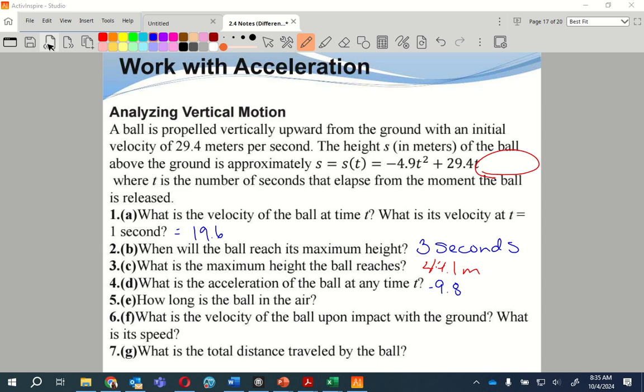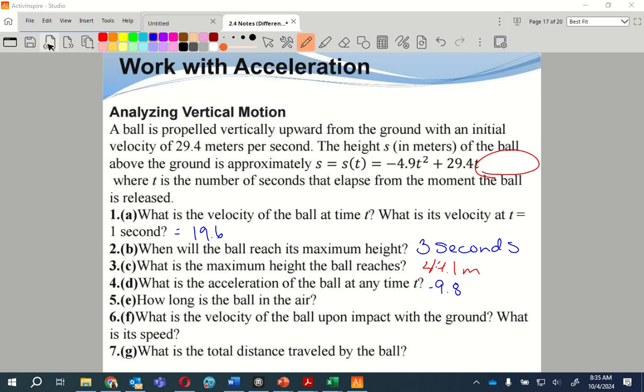And if it's not in the air, I set my position equal to 0, because time in the air means that it's back on the ground. Does that make sense?